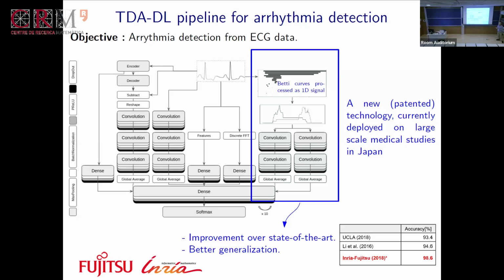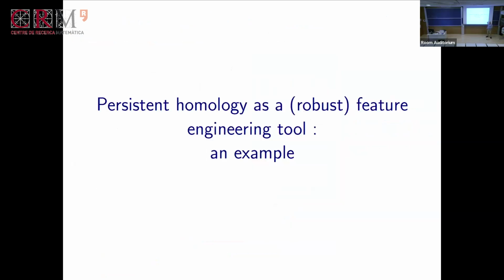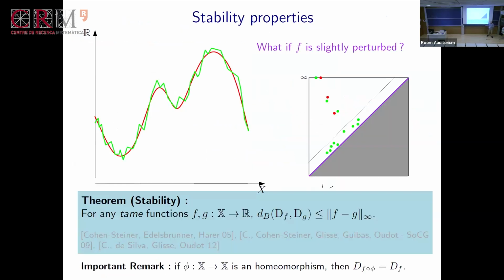One of the reasons it improved is that the feature we got with persistence used this invariance a lot, because when you look at different individuals, there is a lot of variability in the heart rate.